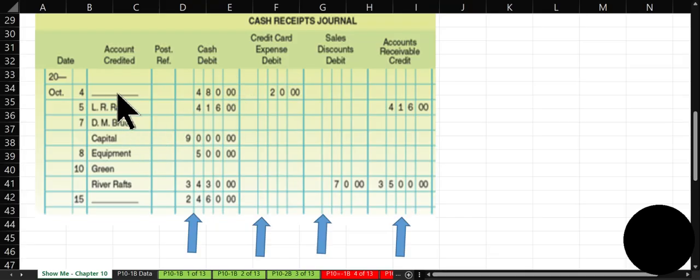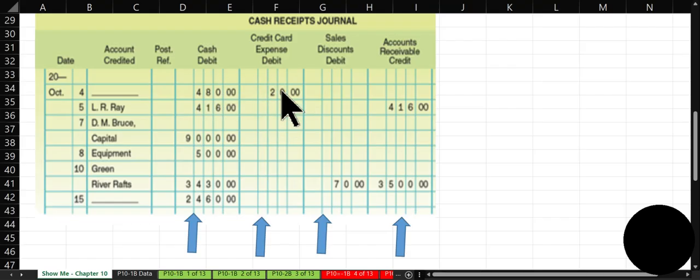So for example, here is a cash sale, and the person probably paid us by using a debit card, and so they paid us the sum of these two, 480 plus 20.